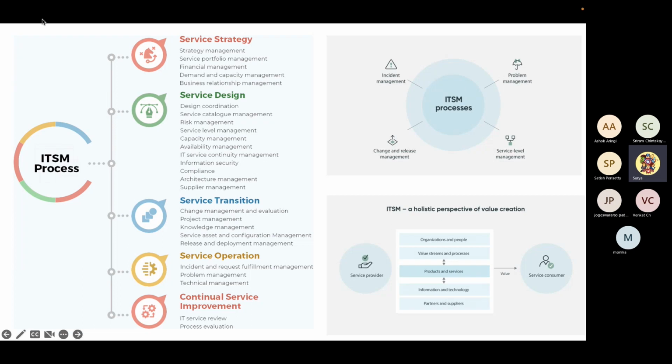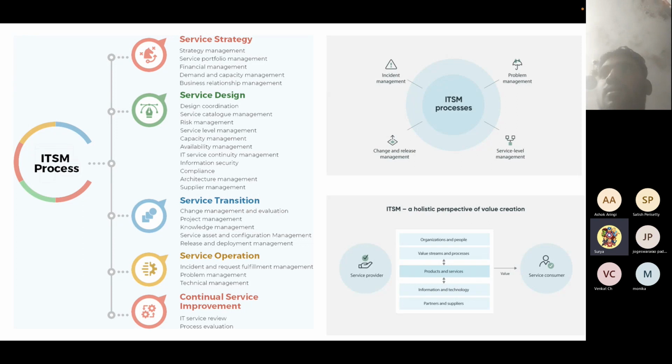So it starts with the service strategy. When you have everything, consumers, provider, organization, technical staff, what you will do is first prepare a strategy. I want to prepare like this, this will be the cost and these are the things I need. This will be the BRM, business relationship management, I need to maintain with others.